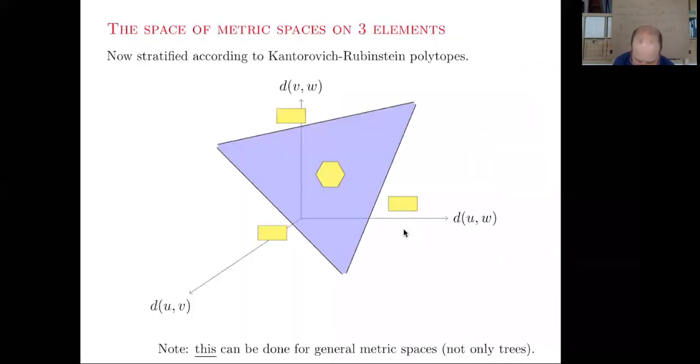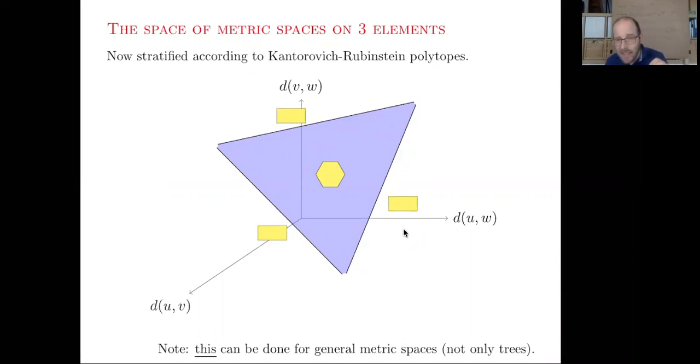And the picture is this. Remember, the old picture is very heavily subdivided according to the graphs, but here I have, I would say, an easier stratification, right? And more especially, I can stratify this even for more than 3 elements, even when I don't have a tree, okay?